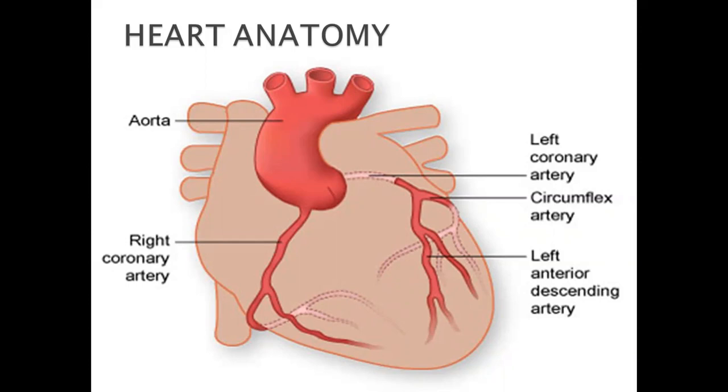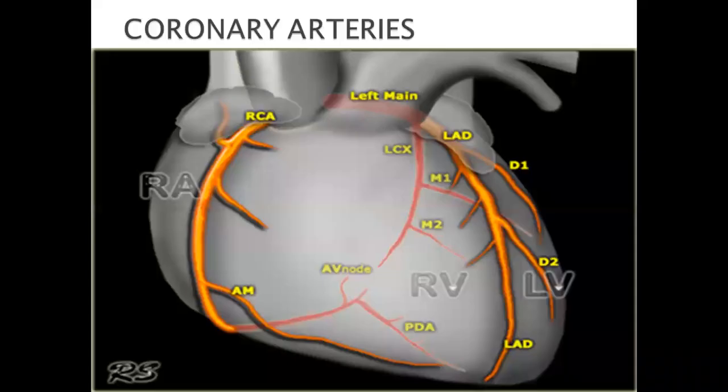The right coronary artery will also branch into two: the right acute marginal artery and the posterior descending artery, which you are going to see here. There are even other smaller branches, like the left anterior descending artery has two diagonal arteries. And then there are also the marginal arteries in the left circumflex artery.